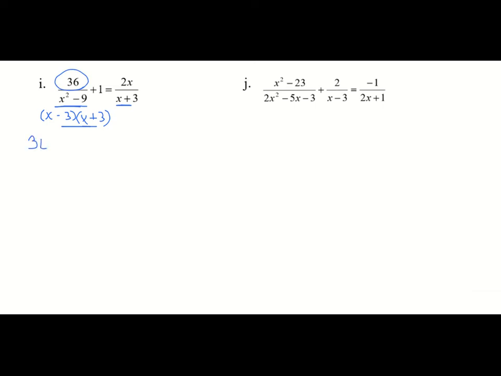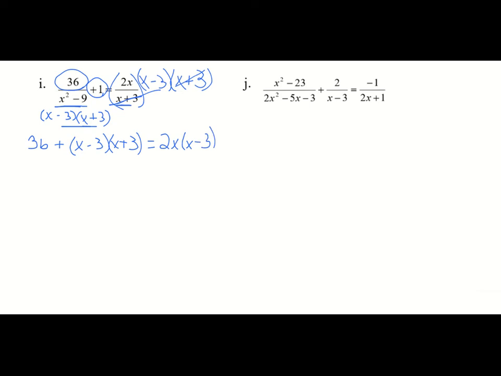So that's nice. Plus, now here, 1 times x minus 3, x plus 3 will give me my x minus 3, x plus 3 equals, and then on this side, when we multiply by x minus 3, x plus 3, my x plus 3's cancel, and it leaves me with 2x times x minus 3.